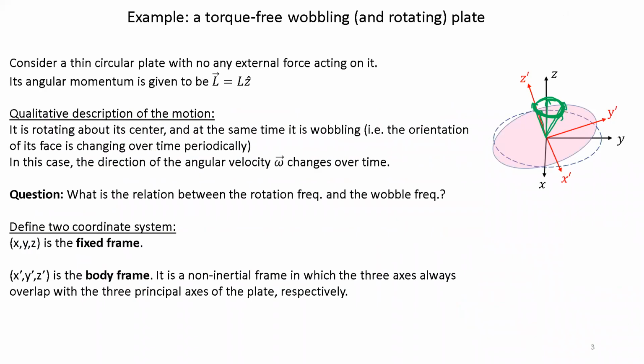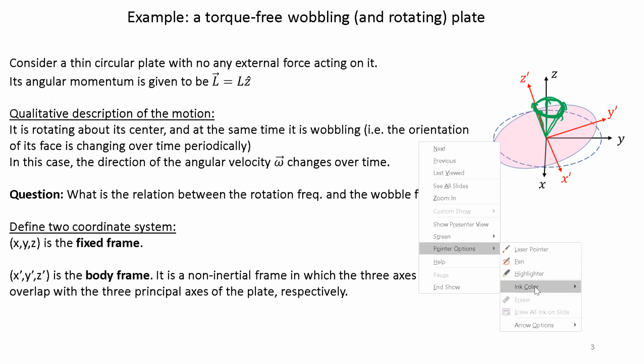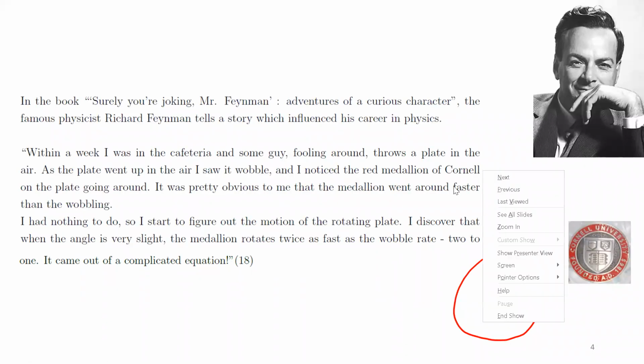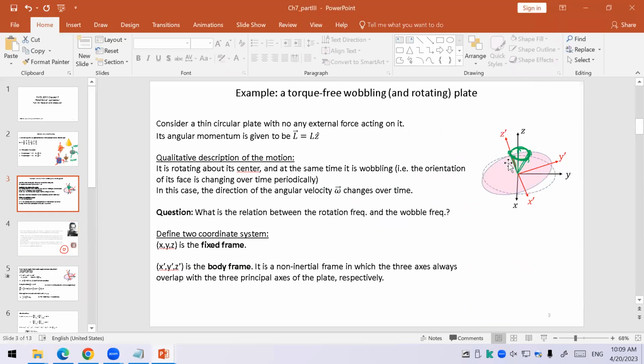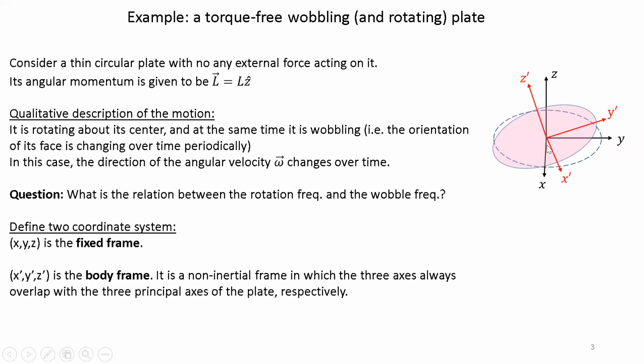So how to solve this problem? We are going to define two coordinate systems. One is the black one that you see over here, which is just originated at the center of mass of this plate.